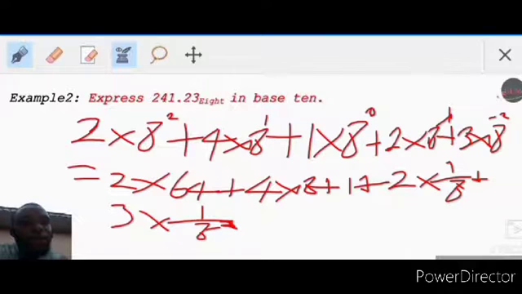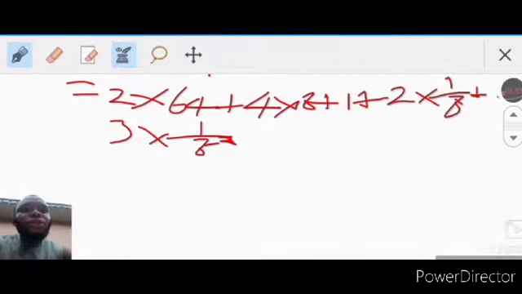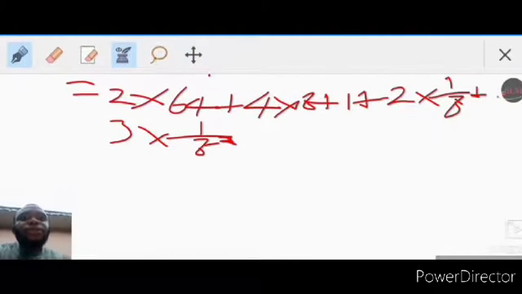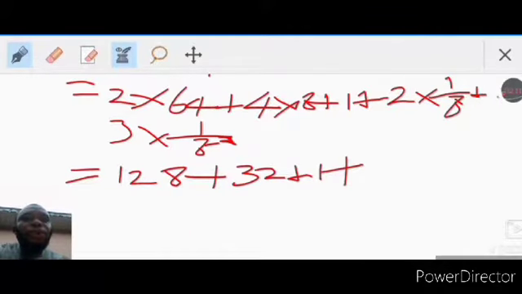Which will now give us 128 plus 32 plus 1, plus 1 over 4, plus 3 over 64.